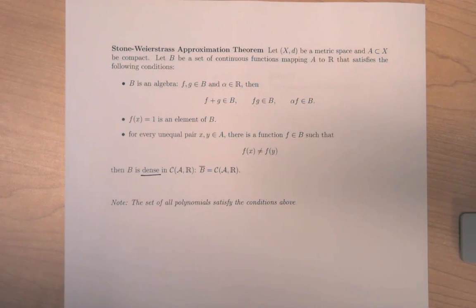So if I were to take the closure, in other words, the union of all polynomials and everything arbitrarily close to all polynomials, I would get, in fact, all continuous functions. So we can say that the set of polynomials is dense in the set of continuous functions on a closed interval. And that's all for today.